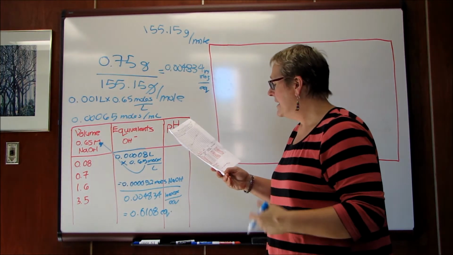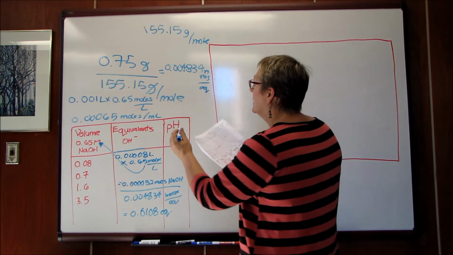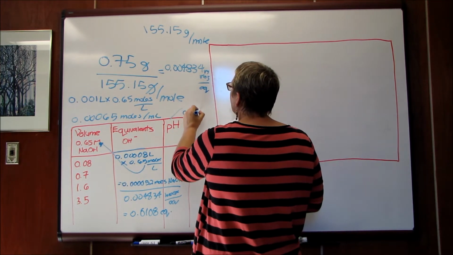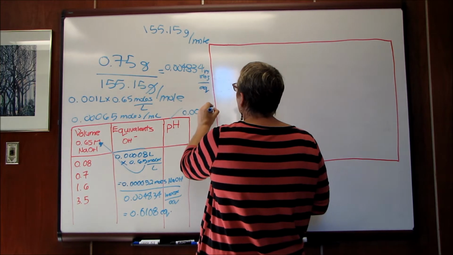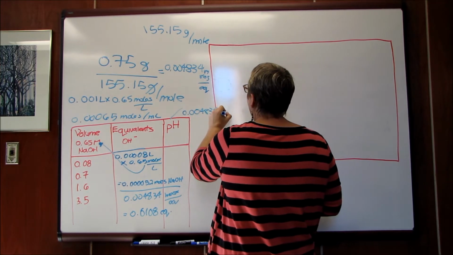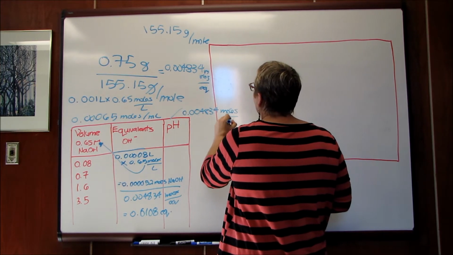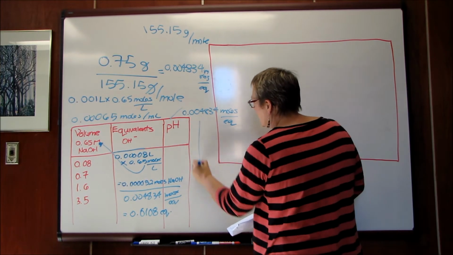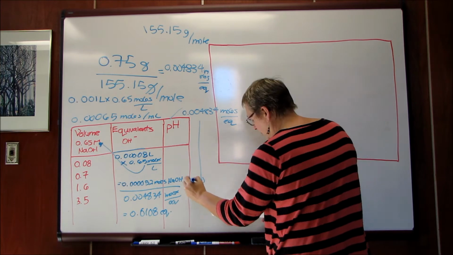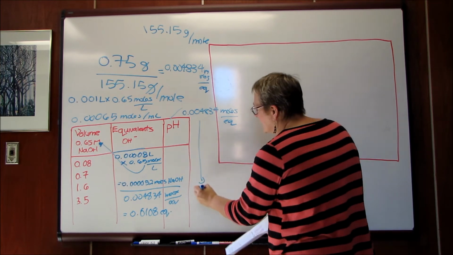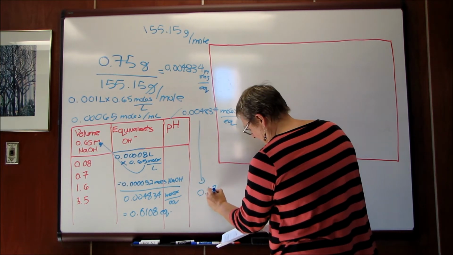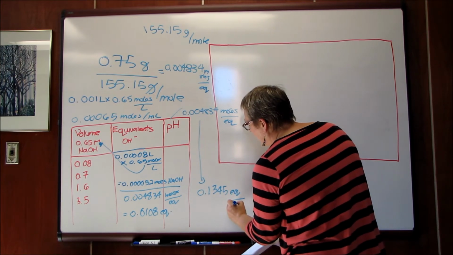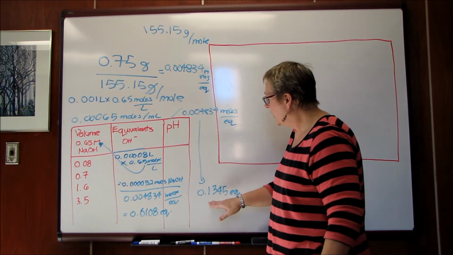Okay? Now, if I divide that by the number of moles in an equivalent, I'm going to get an answer in equivalents per milliliter, and that's 0.1345 equivalents per ml. And that turns out to be a really handy way of doing these.